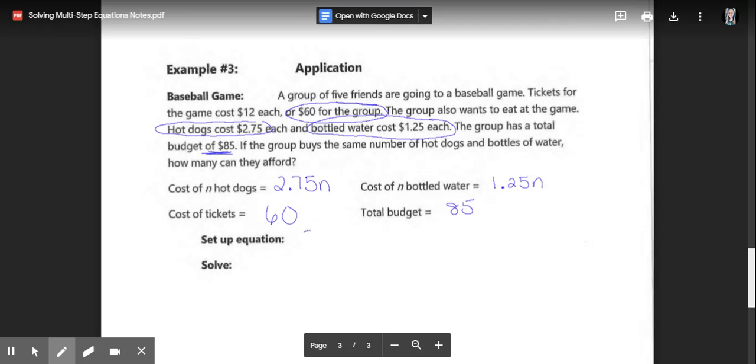So my equation will say 2.75n plus 1.25n plus 60. That represents the hot dogs plus the water plus the tickets equals, and the budget was $85.